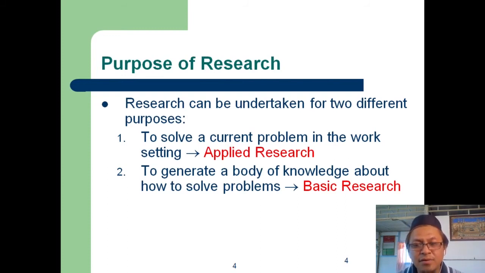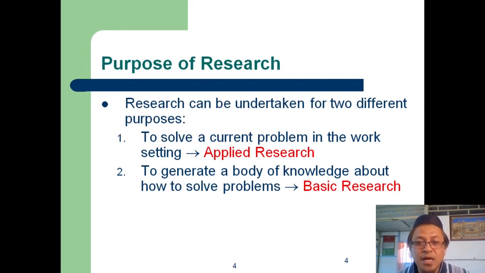Now, this type of research is normally done when we want to solve a current problem. So the outcome of the study, basically the findings, will be implemented right away. For example, in an organization, you see the employees are not performing.